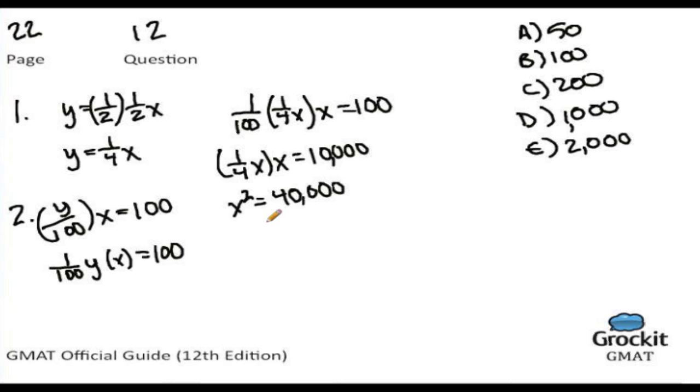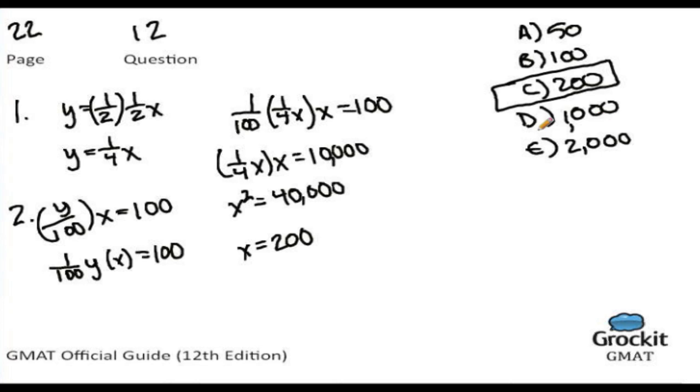And then we simply take the square root of each side. Just as the square root of 4 is 2 and the square root of 400 is 20, the square root of 40,000 is 200. X equals 200. That's answer choice C right here.